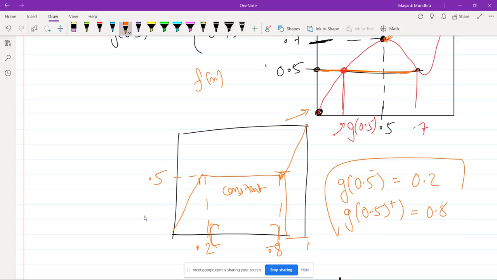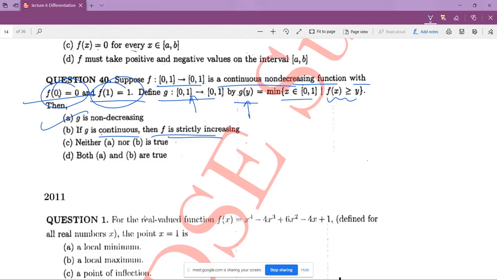So for the g function, the left-hand limit and the right-hand limit won't be equal if f is constant over an interval, so that's why g will be discontinuous. So if g is continuous, then f has to be strictly increasing, because if f is not strictly increasing, suppose it is constant over some interval, then your g function will turn out to be discontinuous. So that's why b has to be true as well. So both a and b are true.